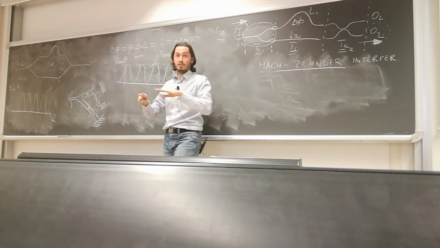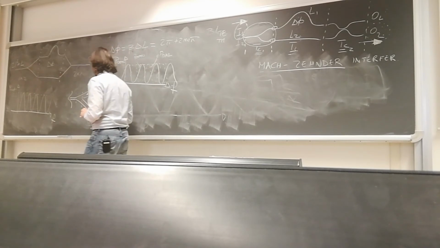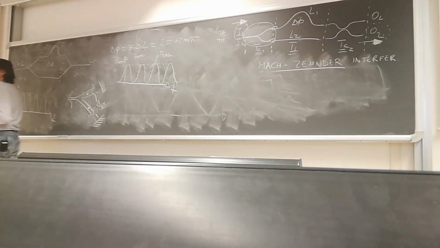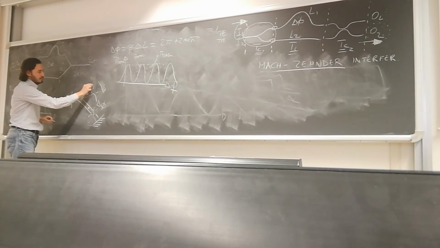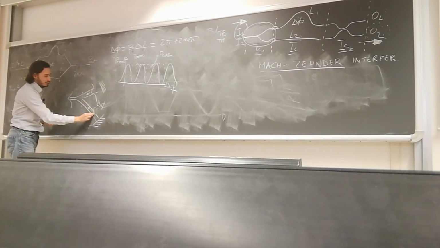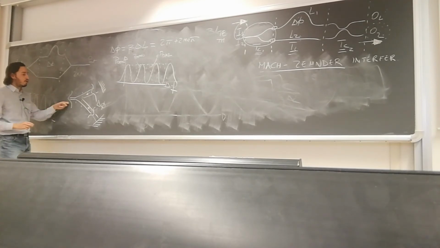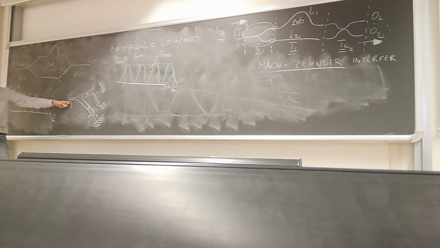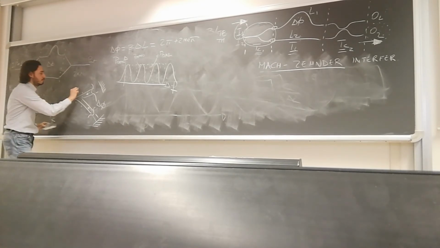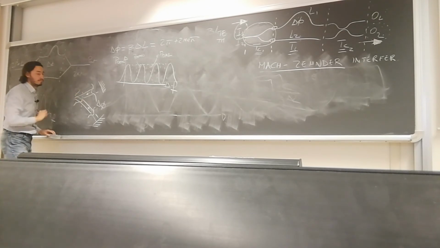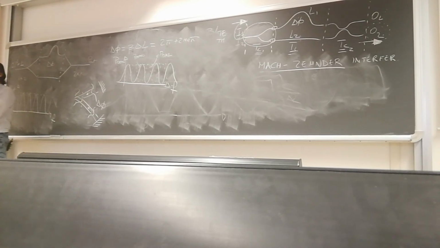Everything was symmetric, even symmetry. Now the problem has no more an even symmetry because this has a shape, and when they combine, they are no more exciting this because this mode has an even symmetry. They are going to excite who? The higher order mode, the second mode.